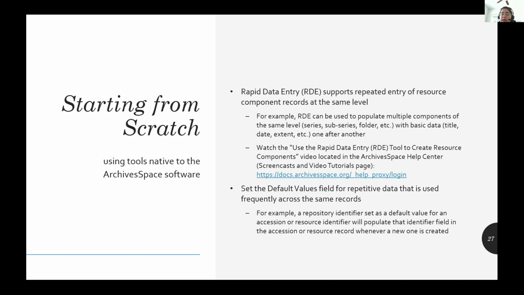So, for example, a repository identifier can be set as a default value for an accession record, or a resource record identifier, and it'll populate that identifier field in those records, so you don't have to.